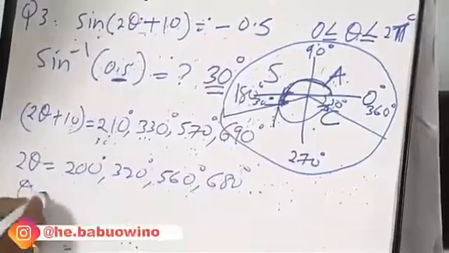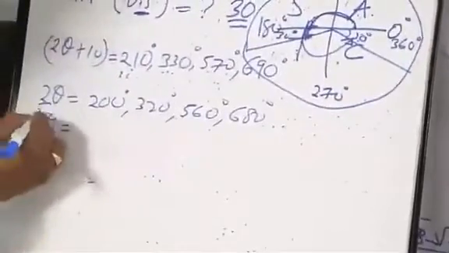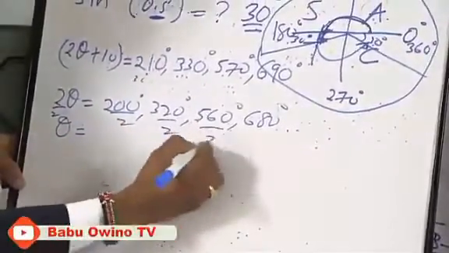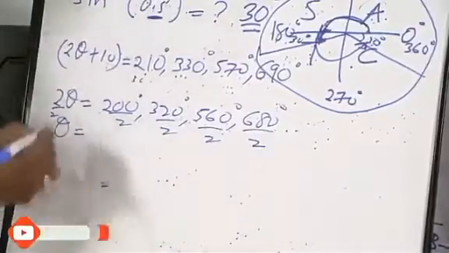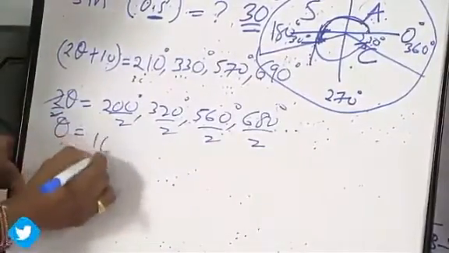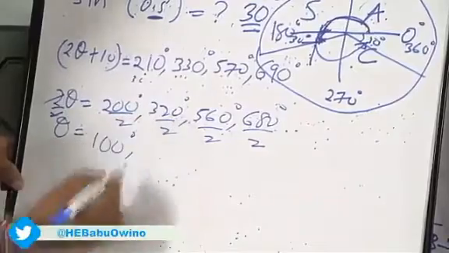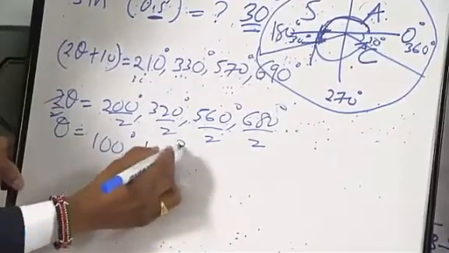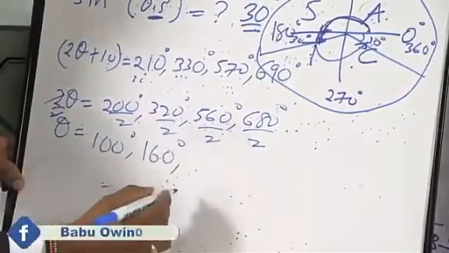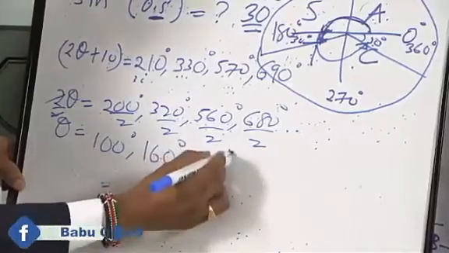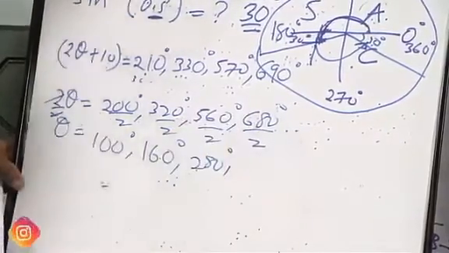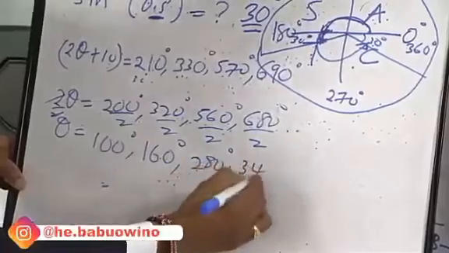Therefore, theta is equal to, divide everything by 2: 2 into 200, 100 degrees. 2 into 320 is 160 degrees. 2 into 560 is 280 degrees. And 2 into 680 is 340 degrees.